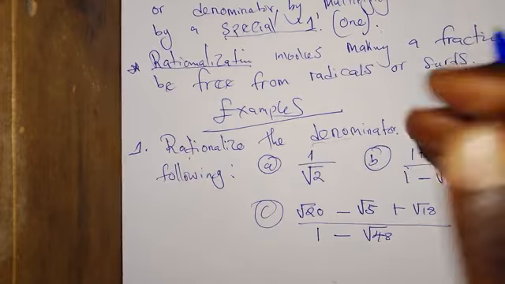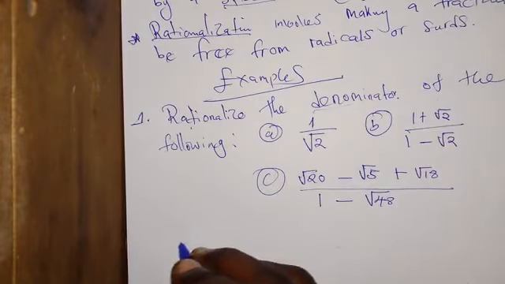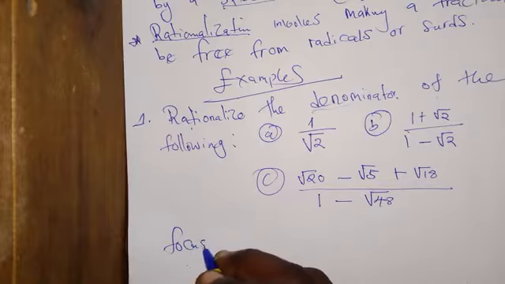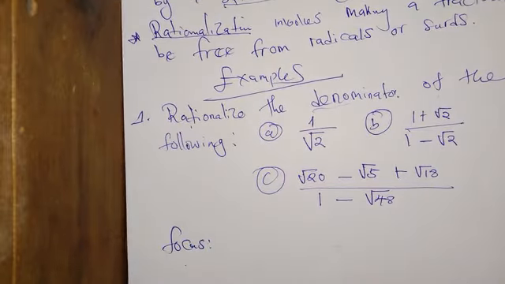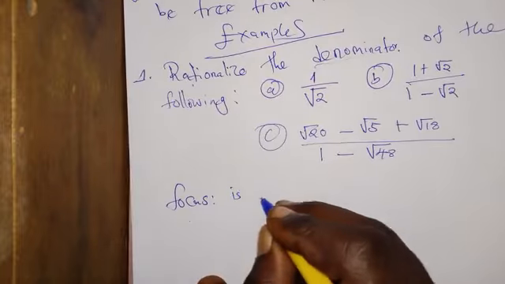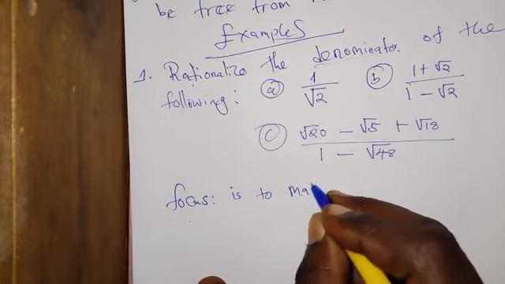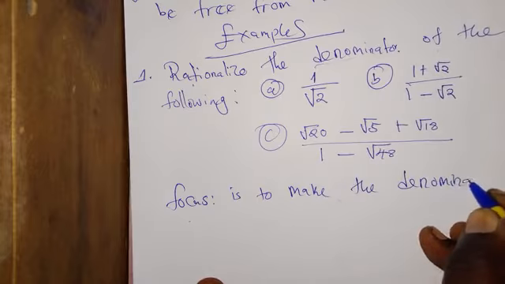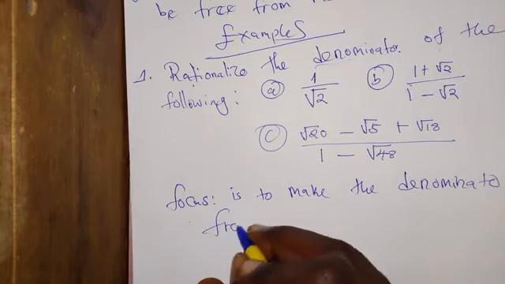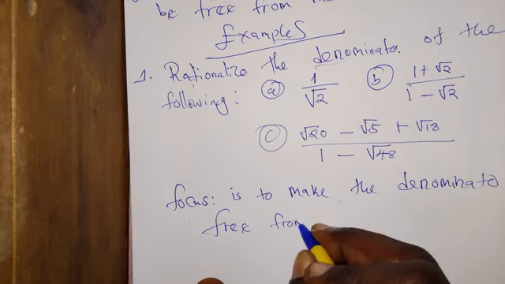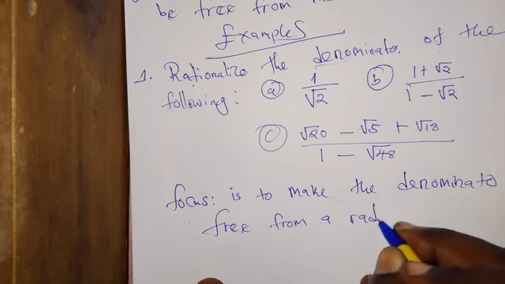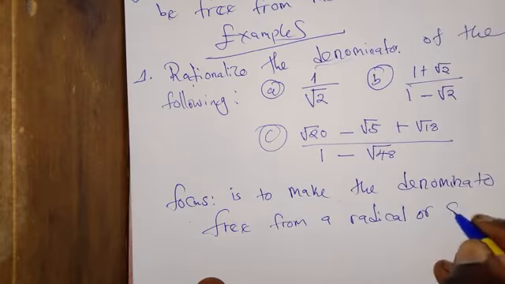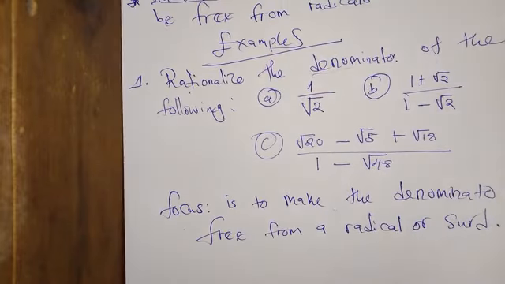So what is our focus here? Our focus is to make the denominator free from a radical, or a surd. We want to make the denominator free from a radical.